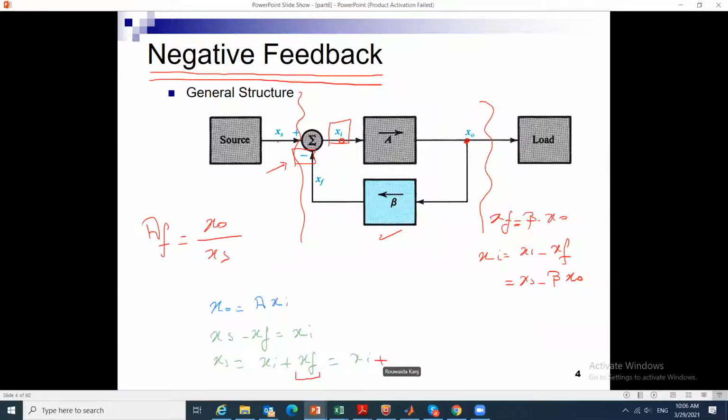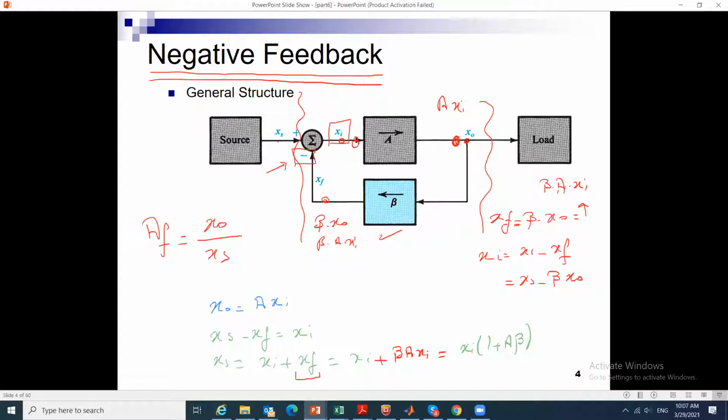But Xf here is equal to beta Xo, which is nothing but beta times A times Xi, because actually Xo is A times Xi. Xf is really beta times Xo, which is beta times A times Xi. So therefore I end up having Xs as Xi times 1 plus A beta.